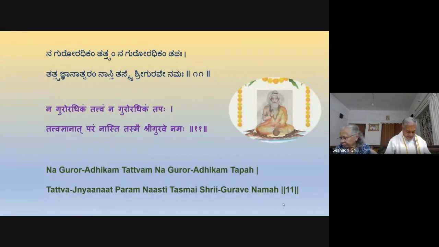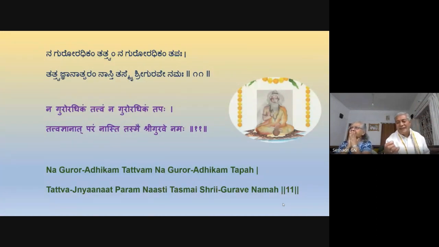The highest is this. Take the maximum happiness that you get from the highest wealth of the world. I am using the richest person of this world, with trillions of dollars and all the wealth.